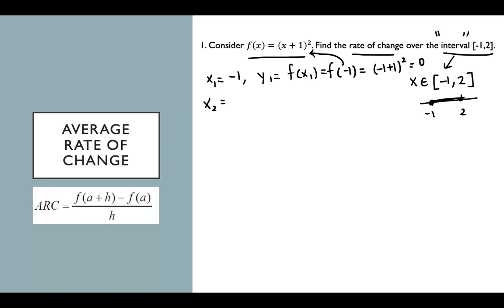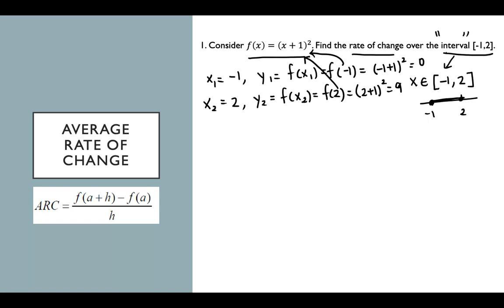Then for x2, my second point, I'm going to plug in my input x2, which is f of 2, into my given function, which is (2 plus 1) squared, equal to 9.